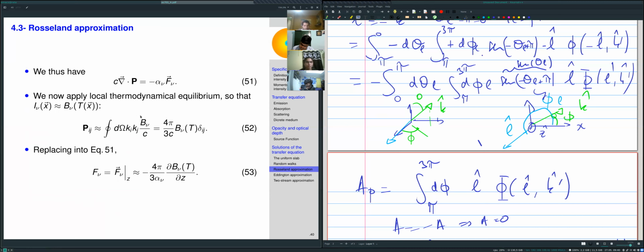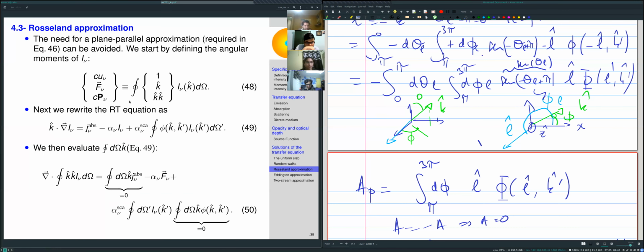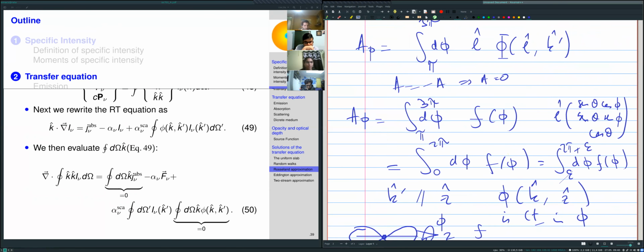We then apply local thermodynamic equilibrium and evaluate the pressure tensor, assuming that I is the Planck function. Okay, so I'm just applying this formula here. Maybe I should write it. Let me write it here so this is clearer.